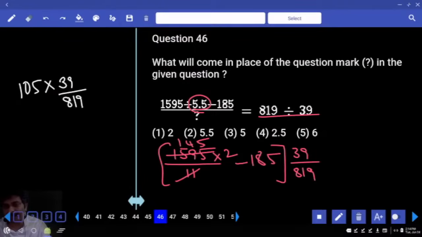Clear? 7 15 times, 7 1 1 7 times. 39, 3 times. Answer 5. Third option.